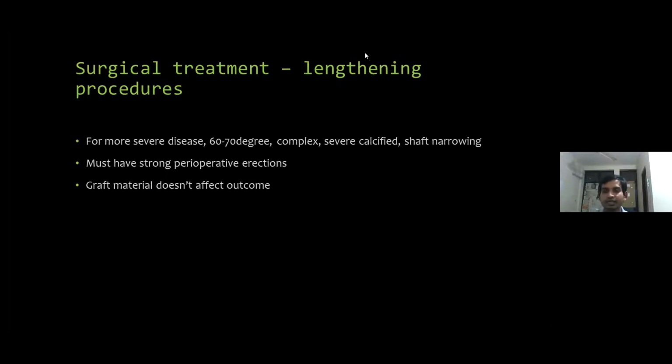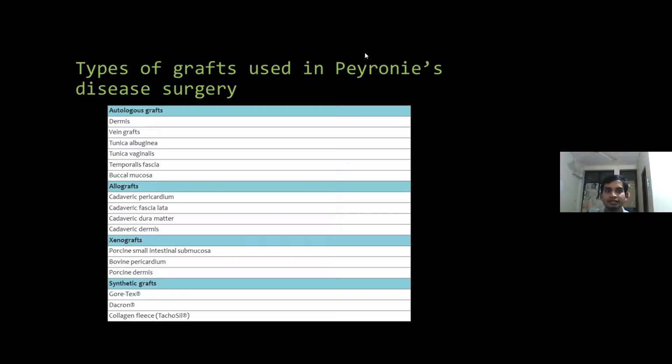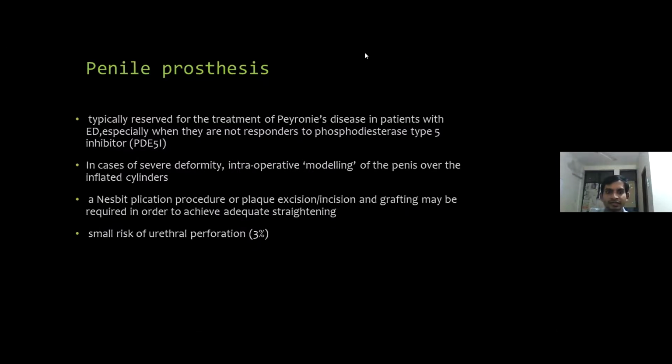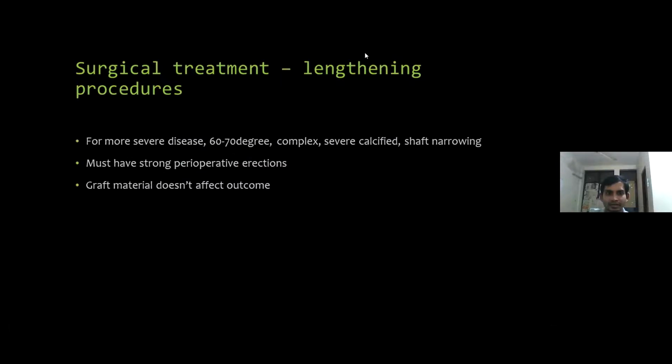and has no erectile dysfunction, then lengthening procedures can be used, which involve excision of the scar tissue and grafting. Several grafts are used for this: autograft, allograft, xenograft, and synthetic grafts. Most of these grafts have the same outcome.